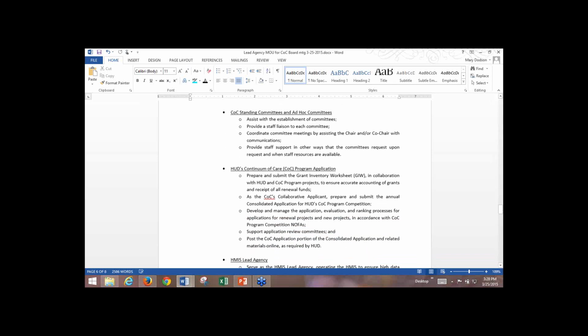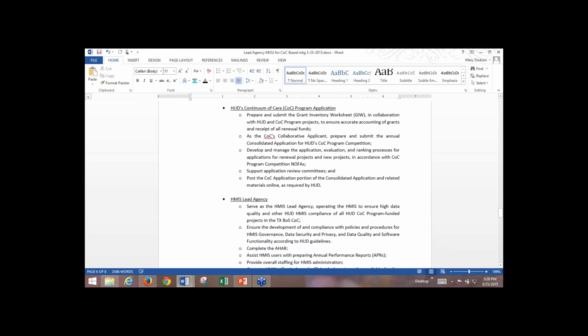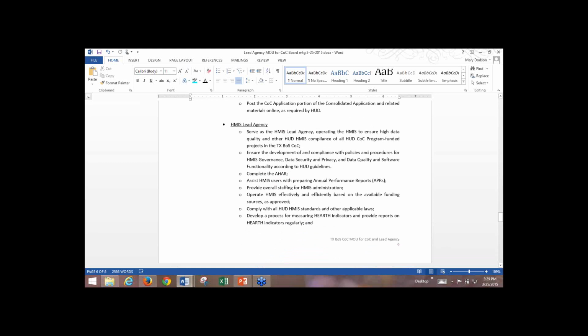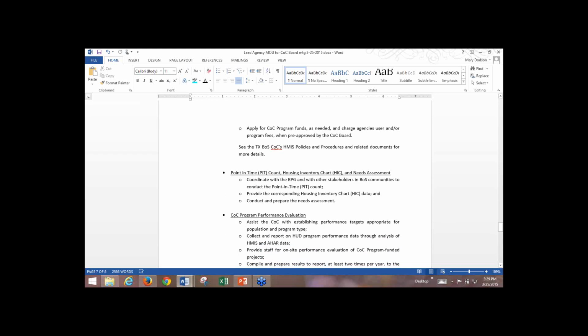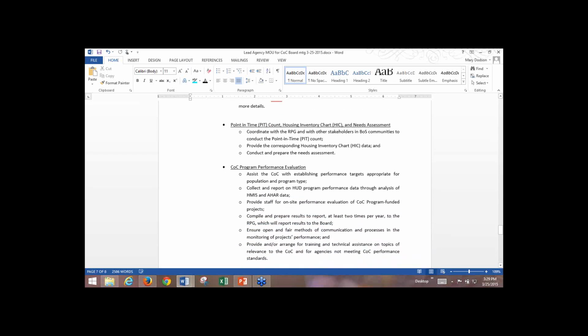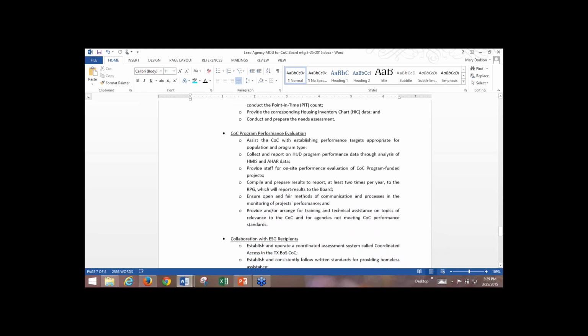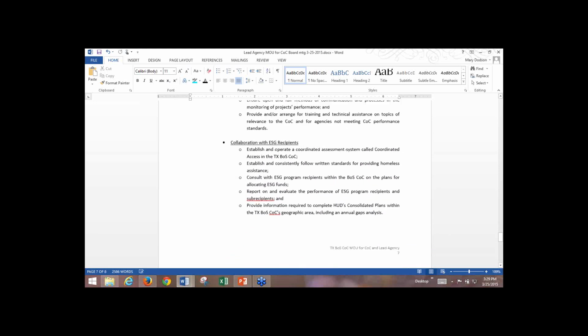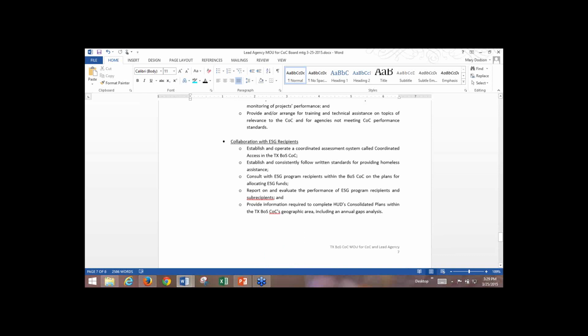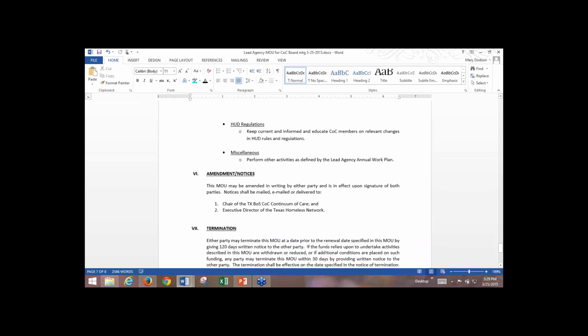How we would work with standing committees and ad hoc committees, how we would do the COC program application, how we serve as the HMIS lead agency, how we do the point-in-time count and the housing inventory and needs assessment, how we do the COC program evaluation, and collaborating with ESG recipients, which is also one of those HUD requirements, and the lovely miscellaneous other duties as assigned.